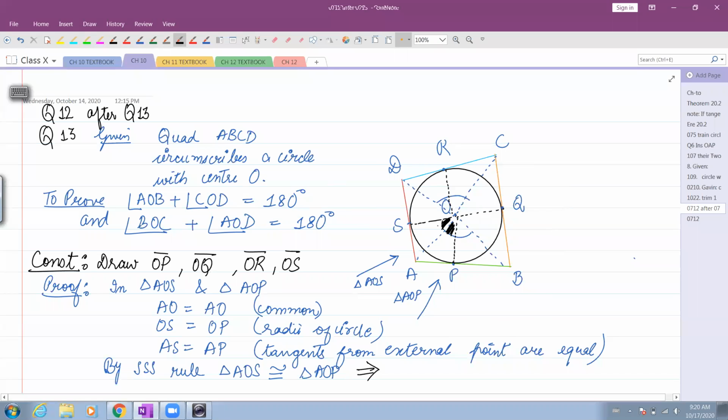I'm going to take these two as x each. So this implies that angle AOS will be equal to angle AOP by CPCT, and I'm going to take these as x each.